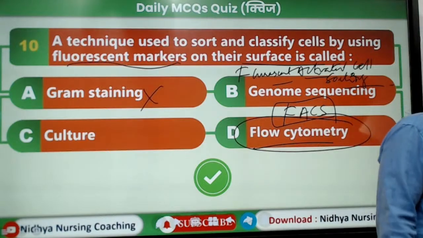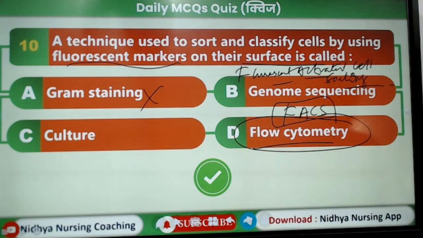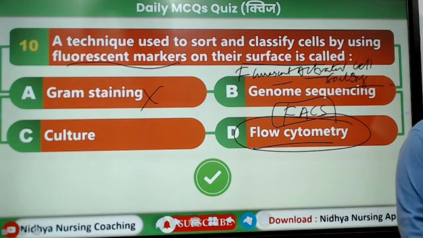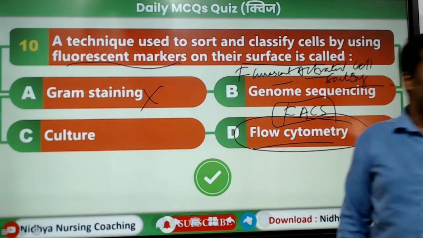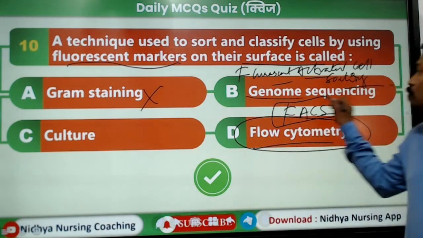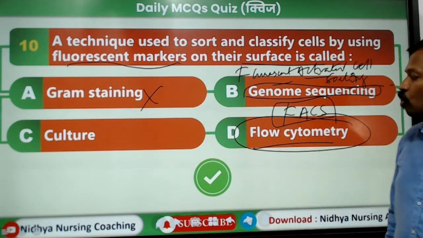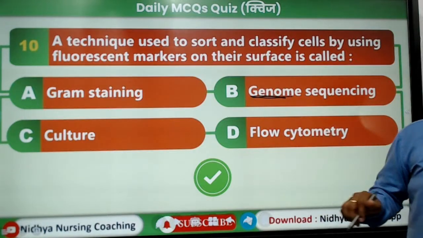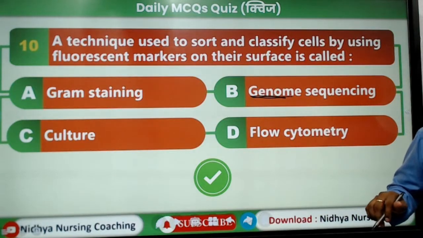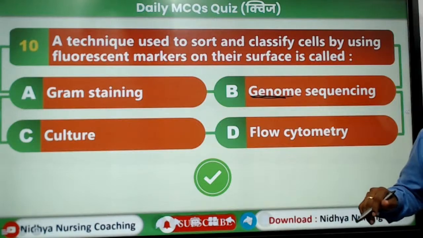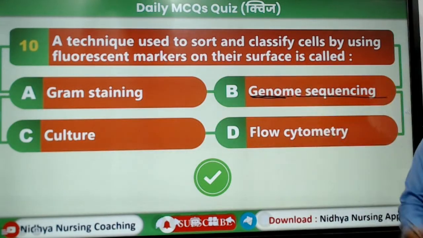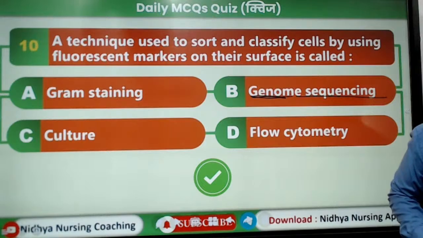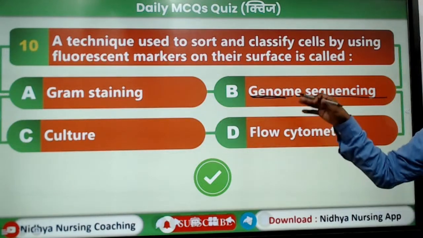So how about genome sequencing? What is it used for? Why are we using genome sequencing?